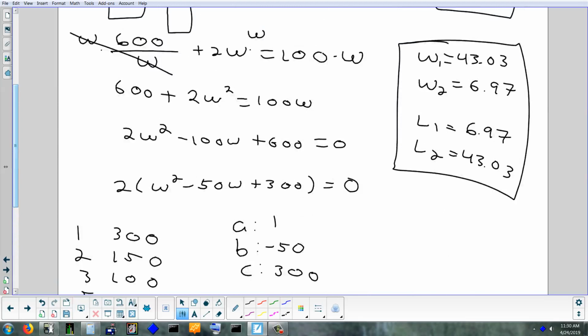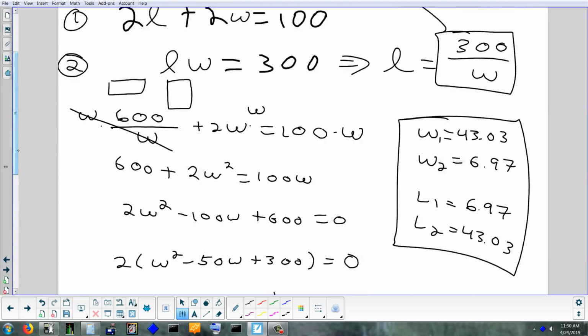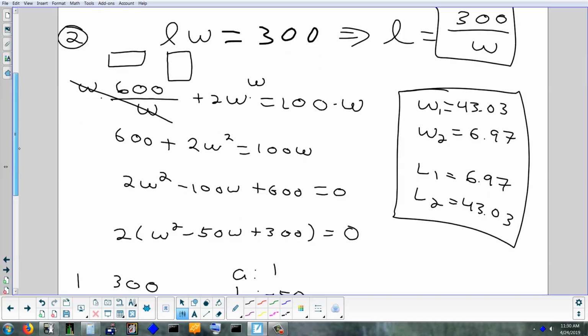Yep. And then you just plugged it into which equation? I used a modified version of equation 2. I used a rearranged version of it because that would be the fastest way to get L. Yep. You could have used equation 1, it just would have been a little bit more work.